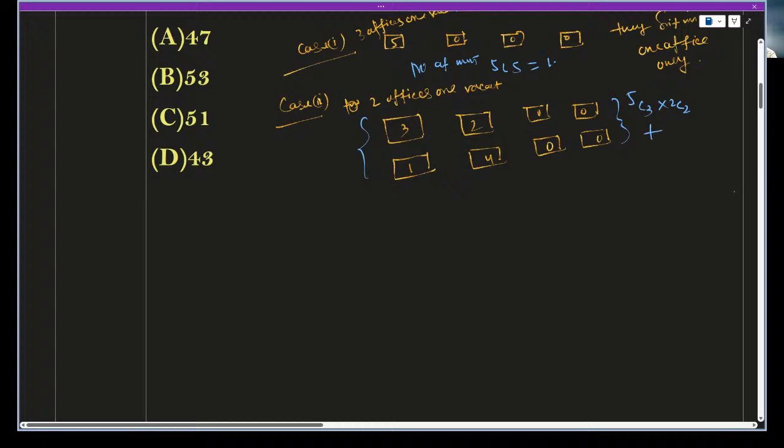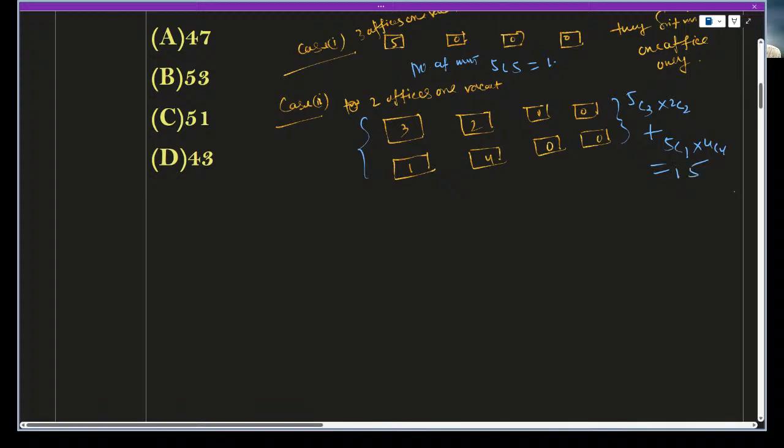This plus 5C1 into 4C4. Just count how many cases are there. Just check. 15 cases are there. Okay.